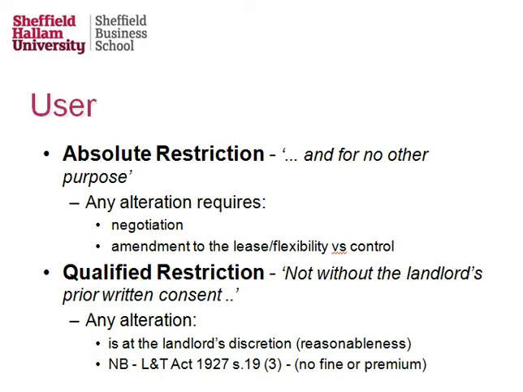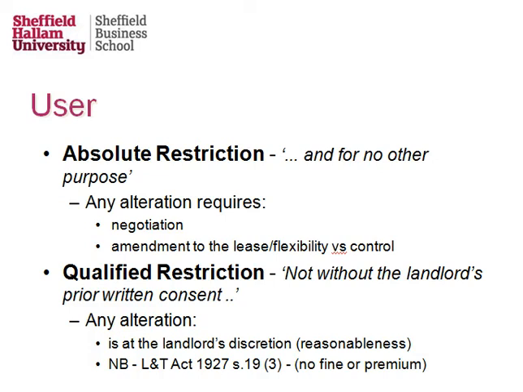The landlord would not be required to consent to what you want to use it for. But if they do consent, then that would require an amendment to the lease. That would normally be dealt with by the lawyers by a deed of variation. So the user can be changed even if it's an absolute restriction, but that's wholly dependent on whether the landlord's prepared to consent to that.